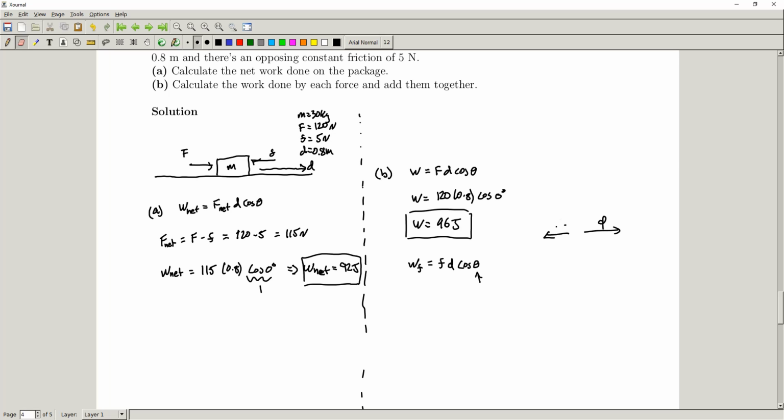If we input that in here, we're going to end up with 5 newtons times 0.8 meters times the cosine of 180 degrees. But this is just minus 1. And so this ends up giving us minus 5 times 0.8.